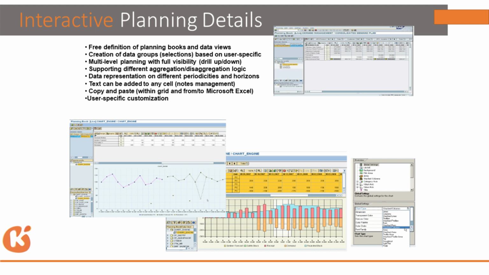Normally planning and forecasting people are much more interested in seeing information graphically. So one tool, one page, you can see everything. That is the way SAP designed this tool.